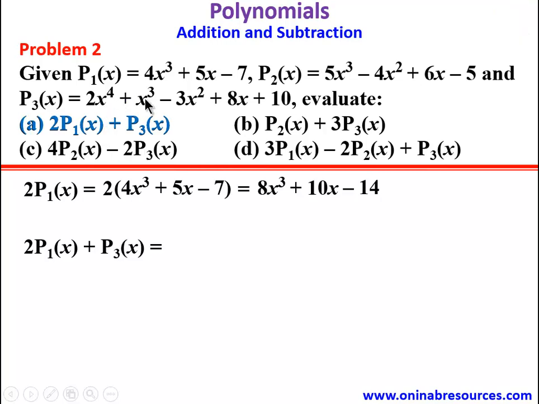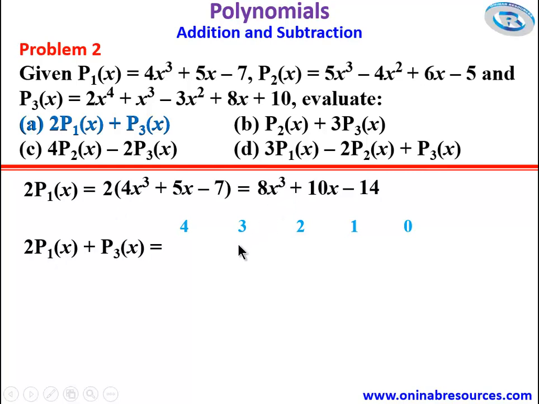The highest degree there is 4. So our numbering is going to be from 4 down to 0. So I have 4, 3, 2, 1, 0. And again, we arrange, we have 2P1 of x, and 2P1 of x is starting from 8x raised to the power 3.